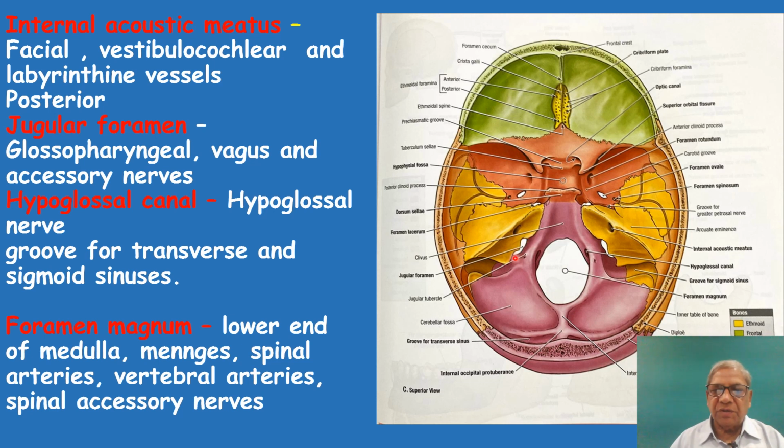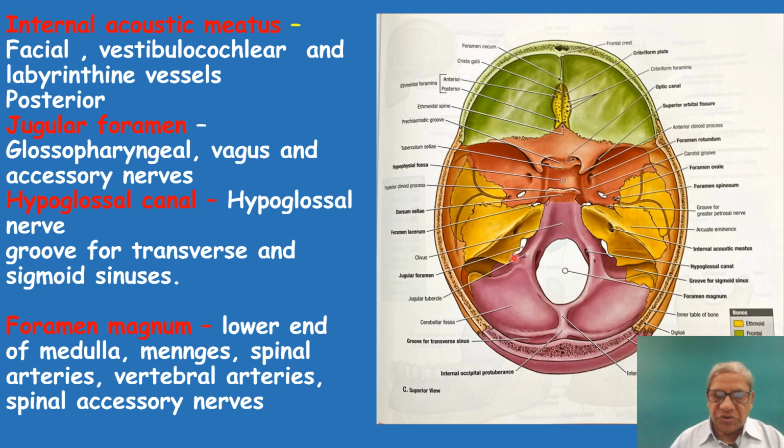Thus the jugular foramen gives passage to the 9th, 10th and 11th cranial nerves, along with which, from the anterior-most part of the jugular foramen, also passes the inferior petrosal sinus.